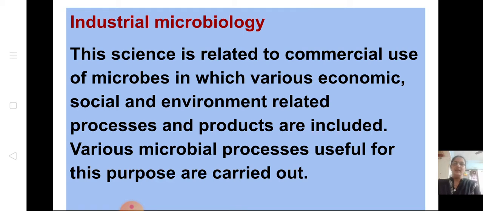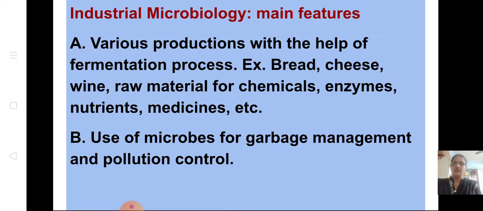We are going to see that there are branches under industrial microbiology. What are the main features of industrial microbiology? Various productions with the help of the fermentation process. What all are we going to produce with the help of microorganisms?